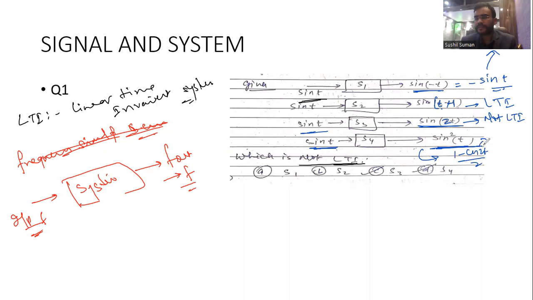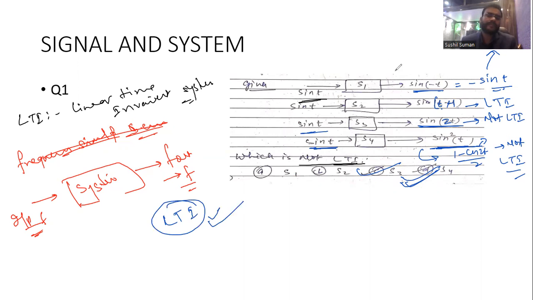So there is a change in frequency, so this is not LTI. So not LTI is options C and D. If asked which one is the linear time invariant system, that is S1 and S2. Got it? These are basic simple questions, not too much.